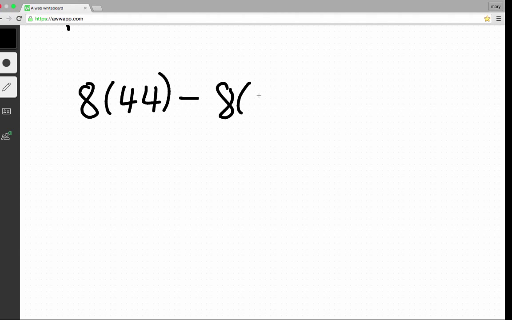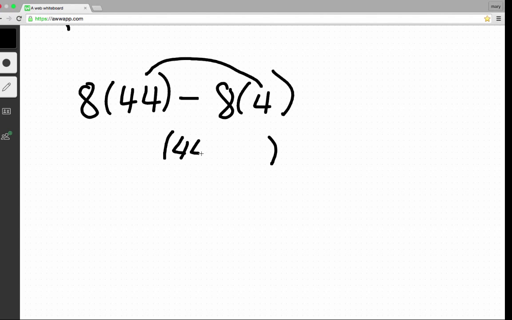And the practice problem that I gave you for subtraction was 8 times 44 minus 8 times 4. All right, so remember our goal here is that we want both of those underneath the same parentheses set. That is our goal.